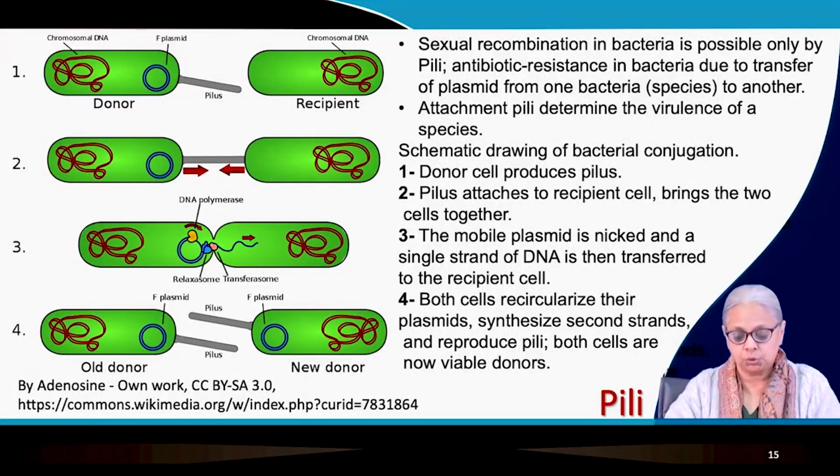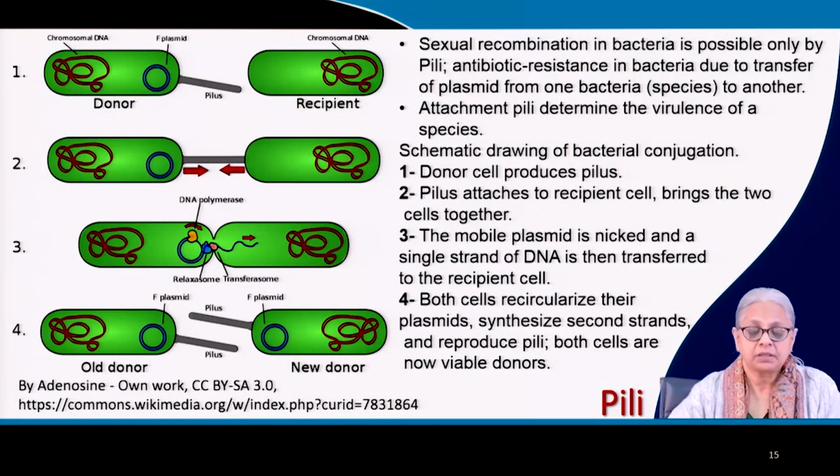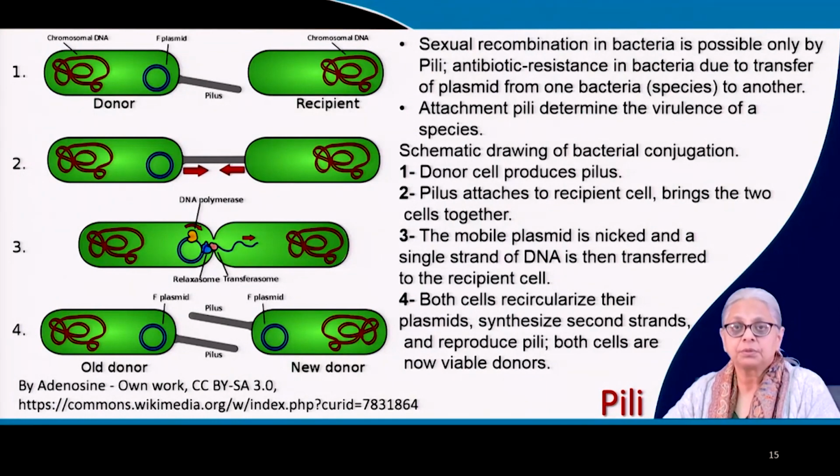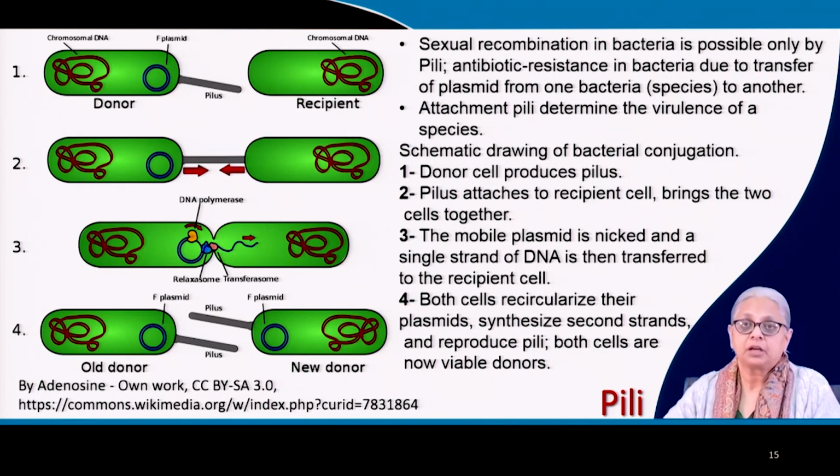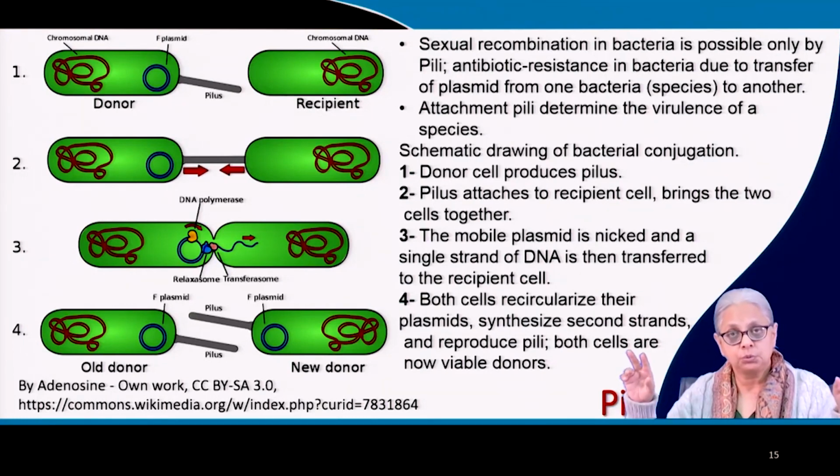And then we come to pili. So pili are again not always present in all bacteria. They may be present in certain bacteria, and I said initially that bacteria divide by binary fission. By and large, bacteria will not have sexual recombination for the simple reason they divide by binary fission, and the DNA of the bacterial cell is replicated exactly, and then it is transmitted to the two daughter cells.